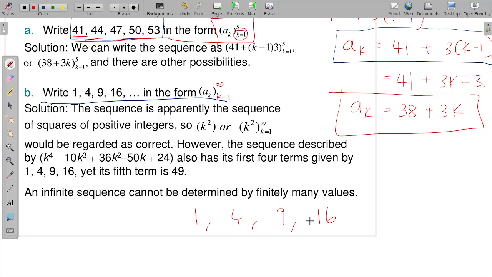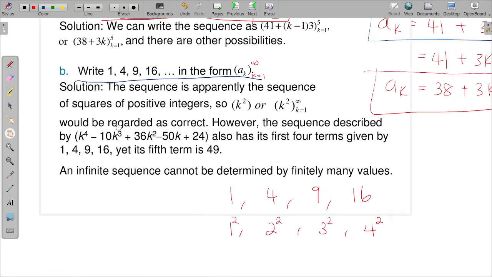They don't have any common difference. So this is just 1 raised to power 2, this will be 2 raised to power 2, am I right? And this will be 3 raised to power 2, and this will be 4 raised to power 2. So it's just the square of each of the terms.